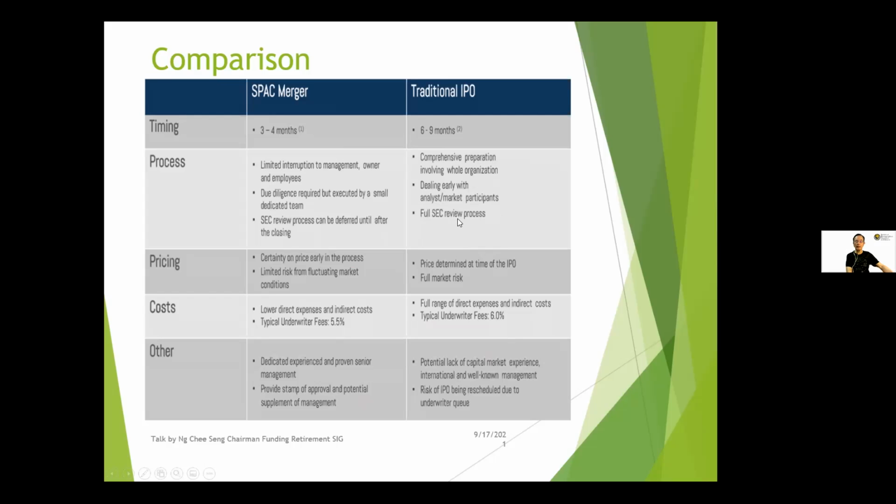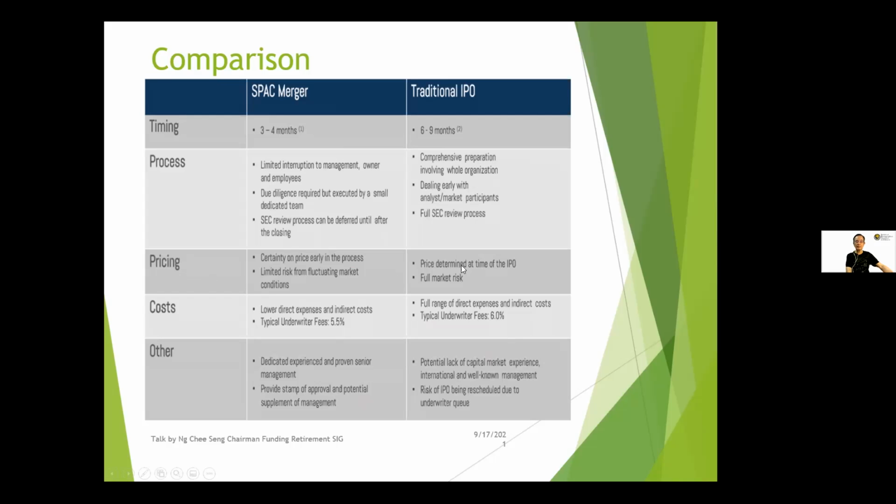That means, like, SEC review is referring to the US market, but in the Singapore market, you will send your documentation to MAS, and MAS will look at your so-called IPO prospectus to review it before they will allow you to go for the actual IPO launch, right? So this is the process.